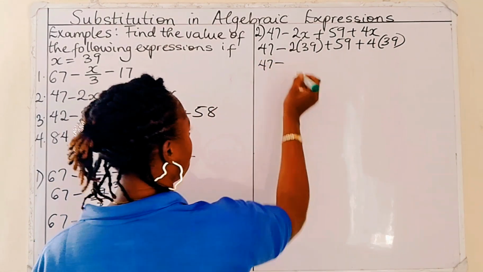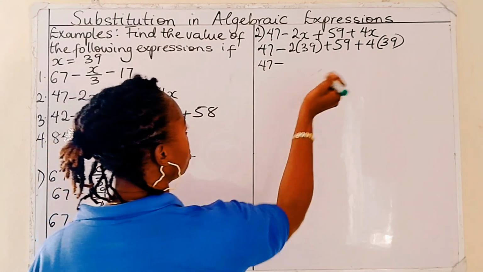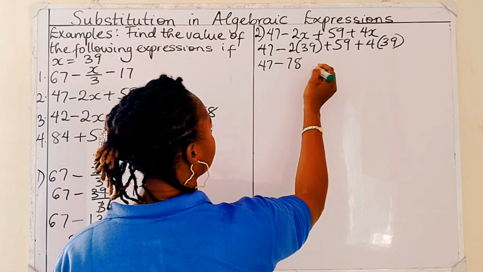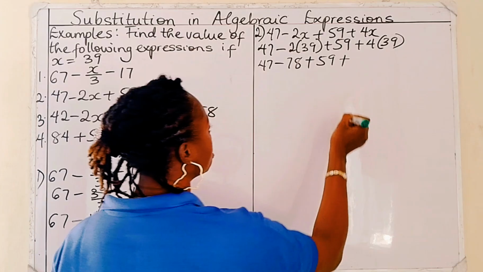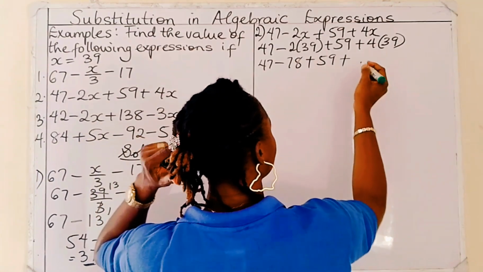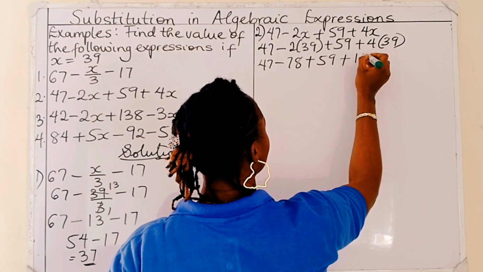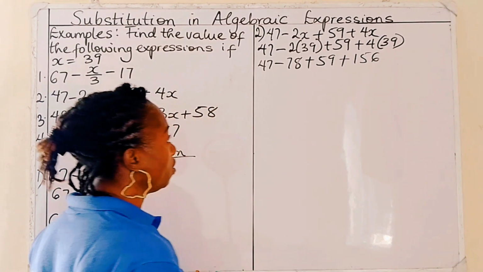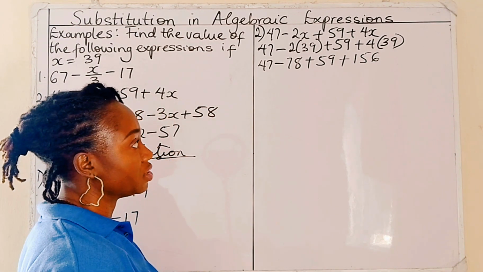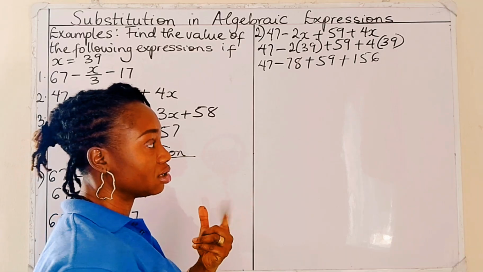We have 47 minus 39 times 2, that's 78, plus 59 plus 156, that's 4 times 39.